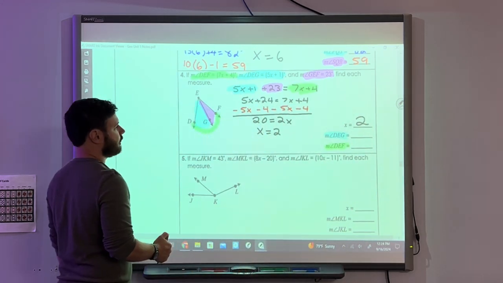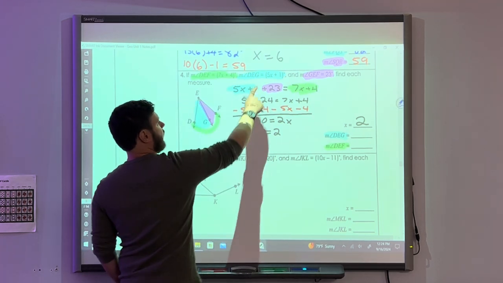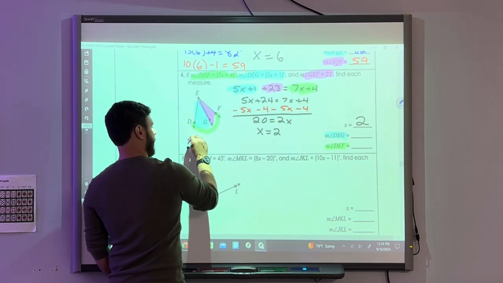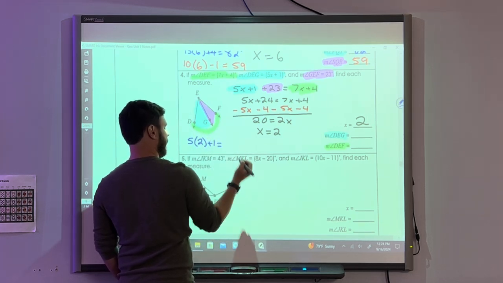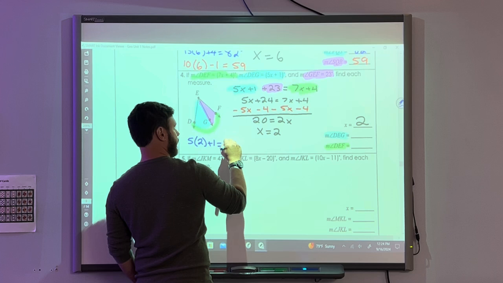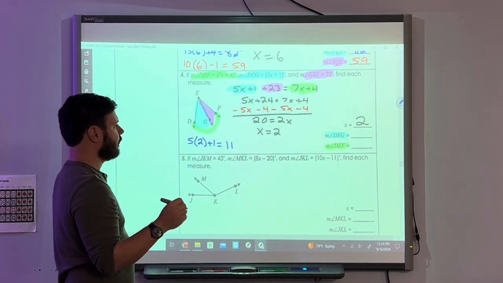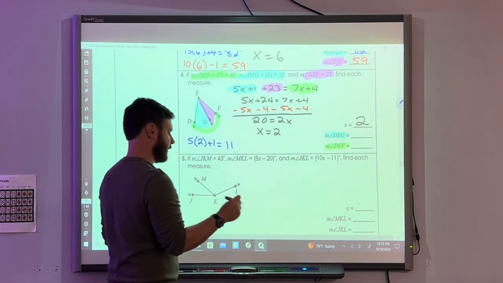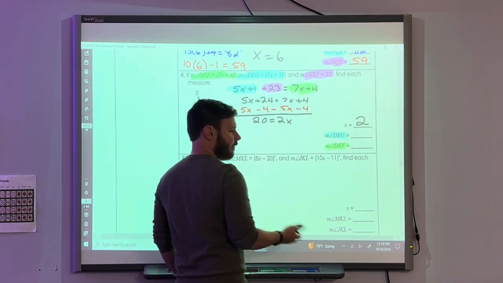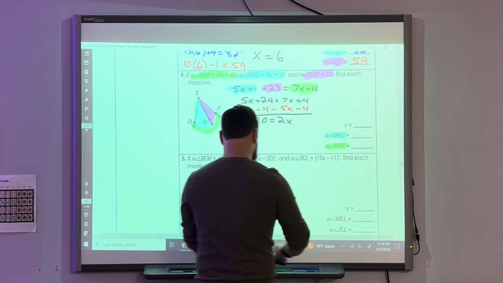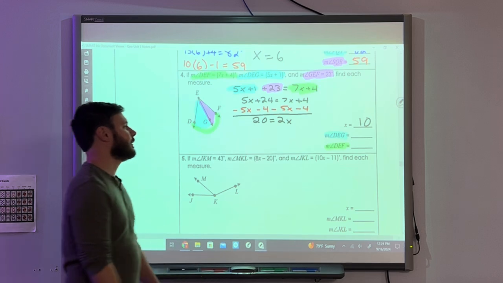All right, it wants the blue one, which was this, 5 times 2 plus 1 equals 11. No, x is not 2, x is 10. Oh my goodness. See, no one's here to fact check me. It seemed way too small. That's what I get. Alright, x is 10.